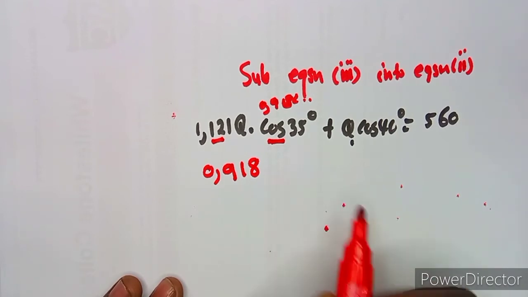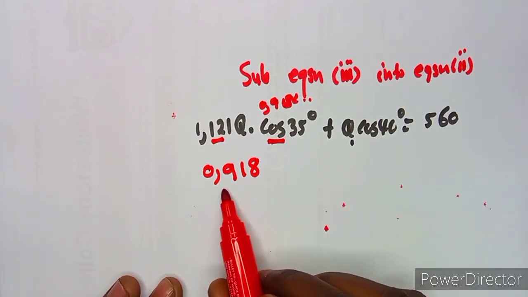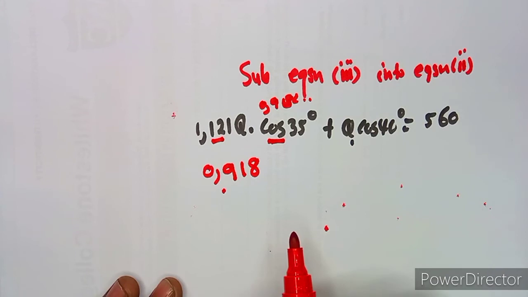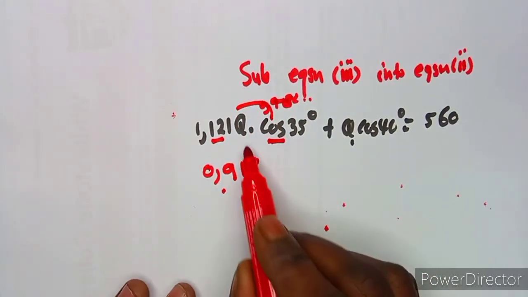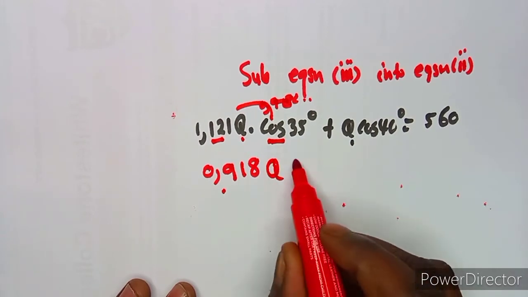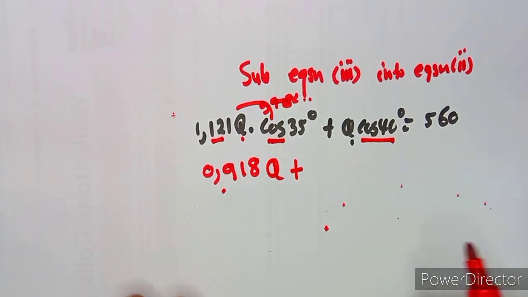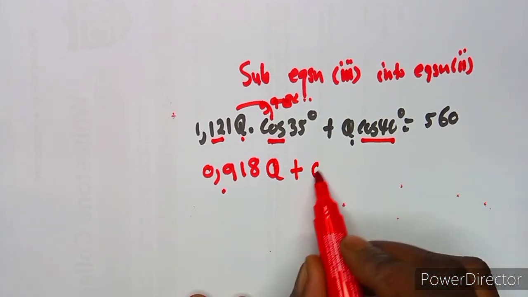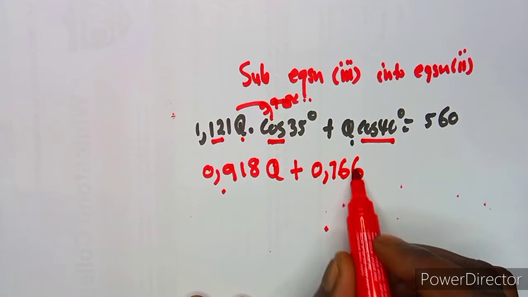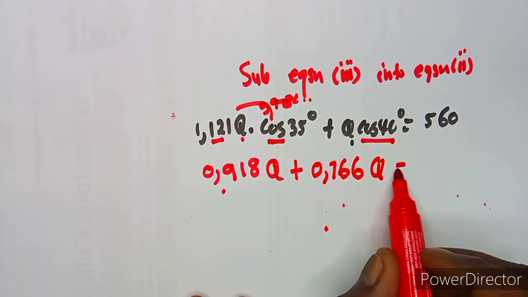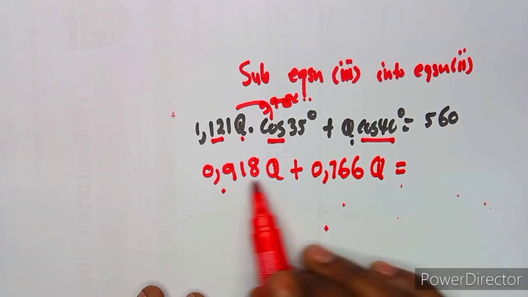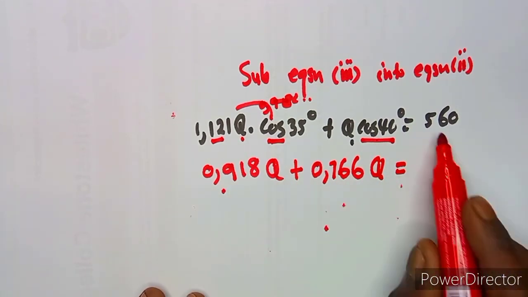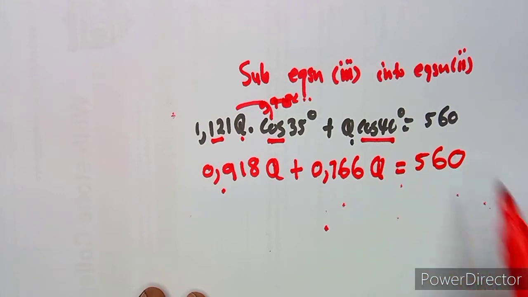There's a 2 there, so just leave it like that. But there's a q here, plus cos 40, that is 0,766 q. So cross check properly there, because in your memo they didn't give this accurately, guys. This is cos 40 at this, which is equal to 560.